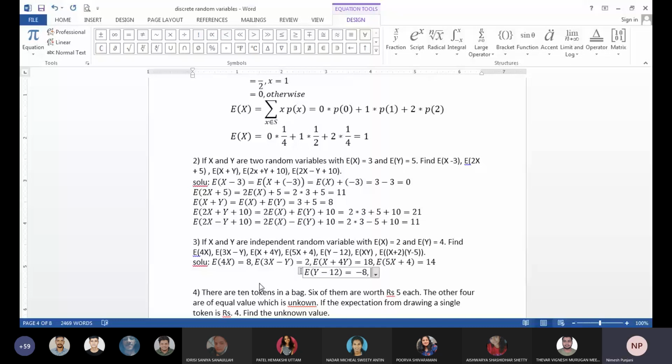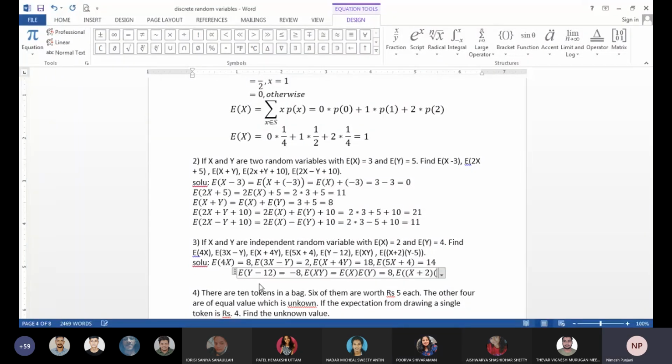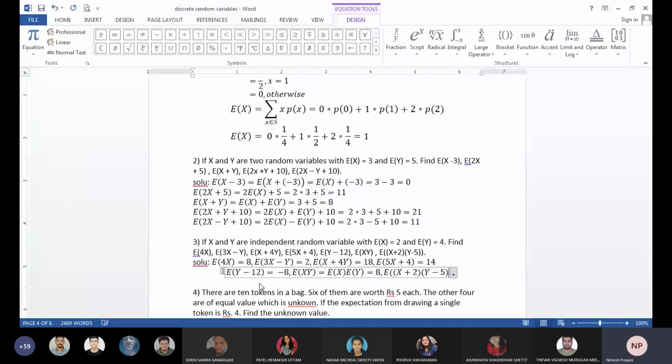It is expected value of x into expected value of y. That gives you 8 because it is given they are independent. Then expected value of x plus 2 into y minus 5.